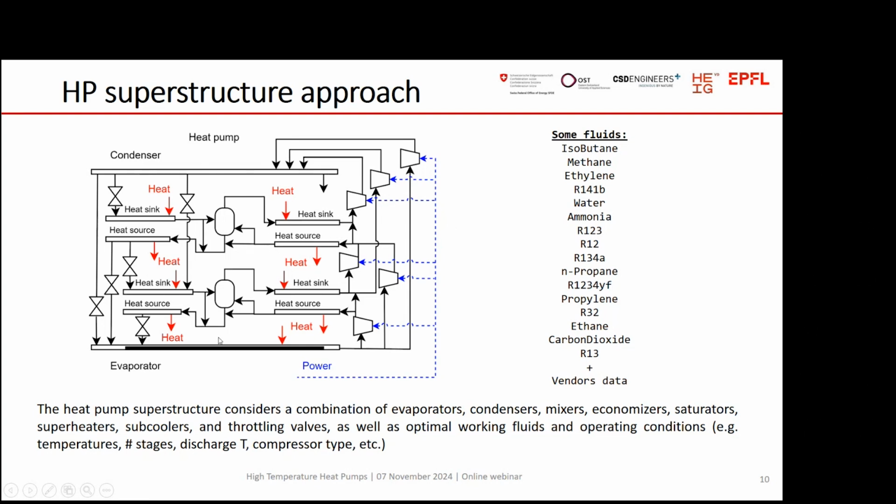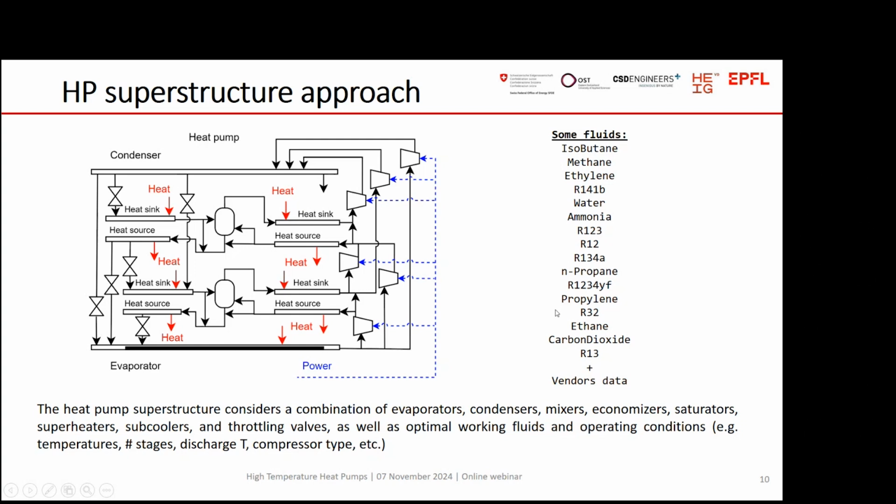If we consider a superstructure, I am not going to go into much detail, but all of the possible combinations of pressures and temperatures that you are going to suggest to integrate these heat pump headers and condensers and evaporators and the fluids. So you can give a lot of those parameters and let the tool decide which of those headers, so which of those layers of temperatures and pressures are going to be selected, which are the most suitable, and also which are the best fluids for those specific applications.